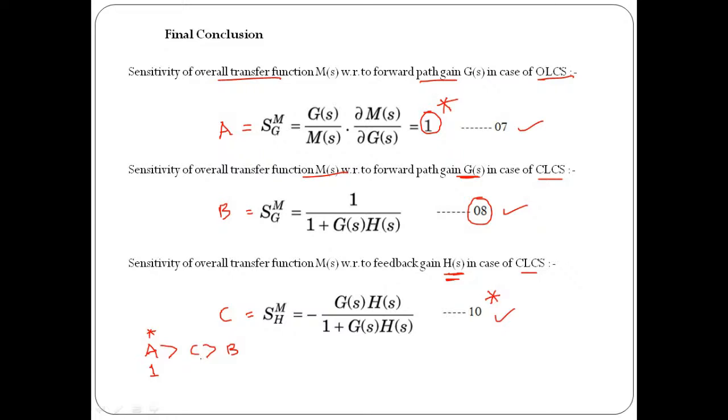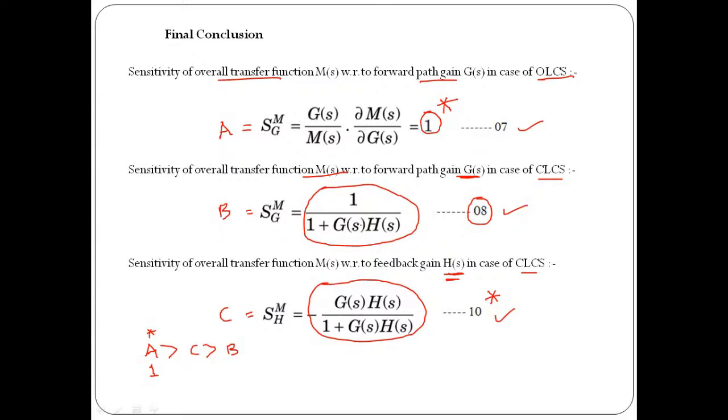Then we have C, which will be this, and then we have B, which will be this. So this is very important, and these are final concluding statements, and these are final mathematical equations that you need to remember in order to solve numericals on sensitivity, maybe for open loop or maybe for closed loop control system. I hope this point is clear to everyone.